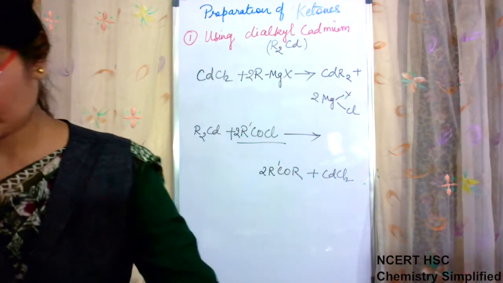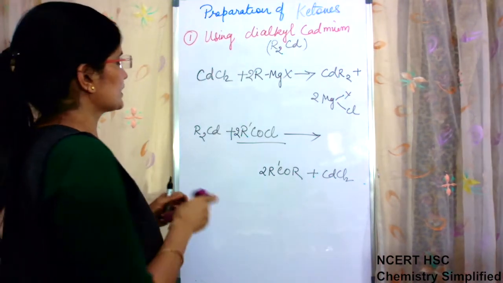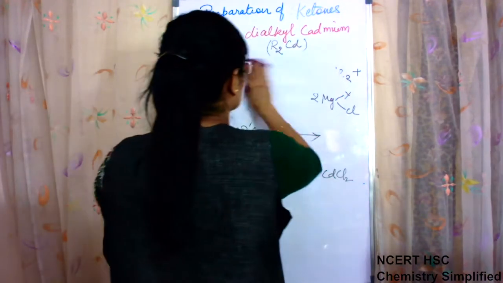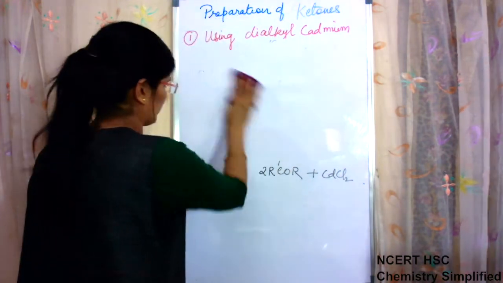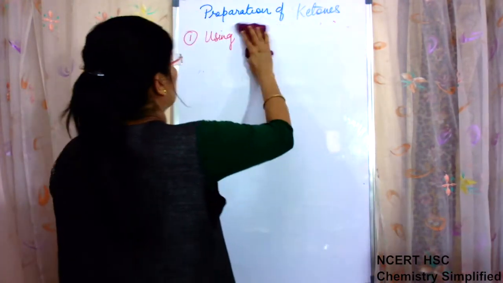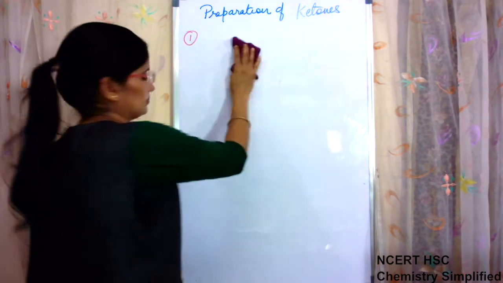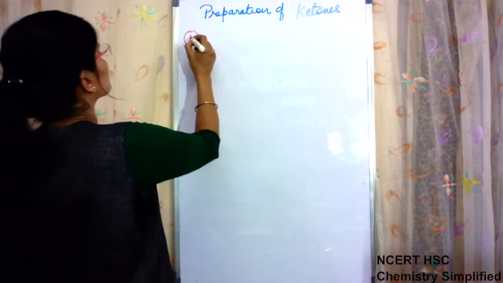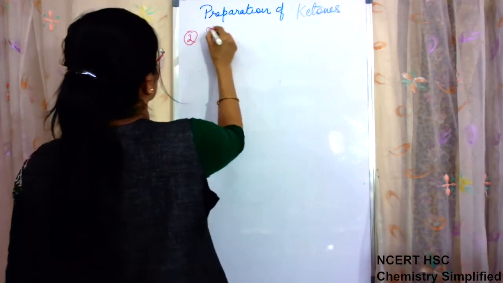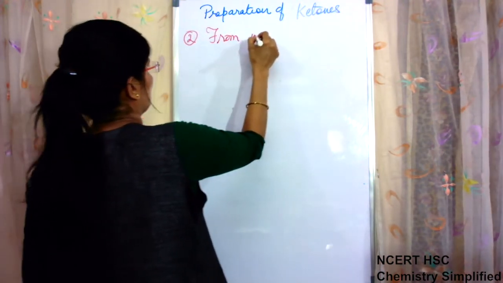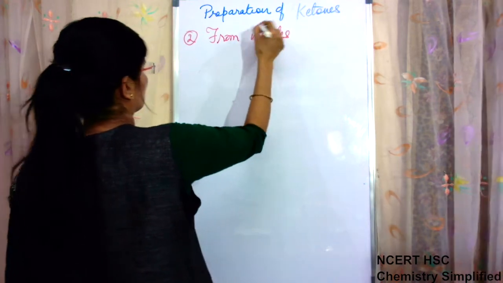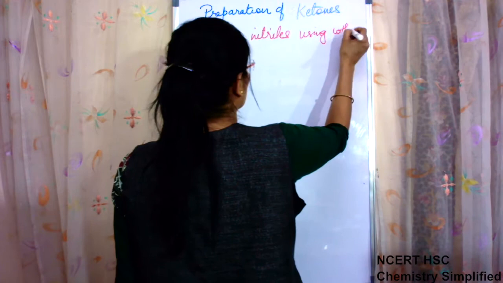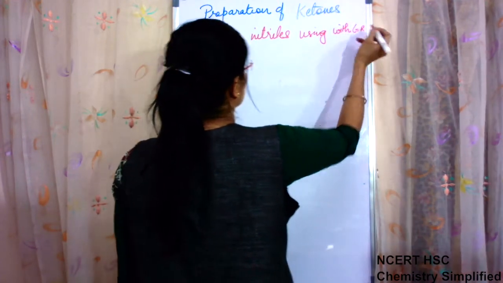Okay, now second method. Second method is from nitriles with Grignard reagent.